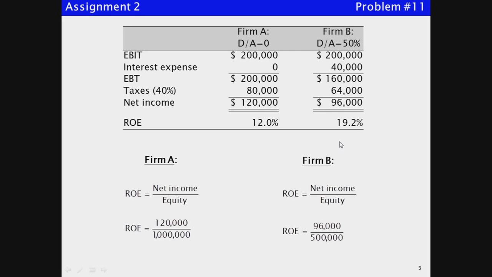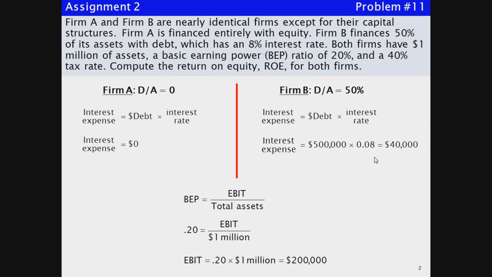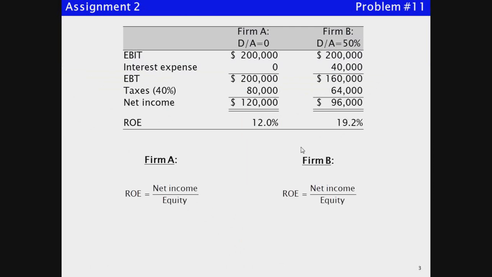And the general rule here is that as long as the BEP ratio, keep in mind the BEP ratio was given as 20%, exceeds the interest rate on debt, and it does, it's 8%, then as you use more and more debt financing, you will increase the ROE.